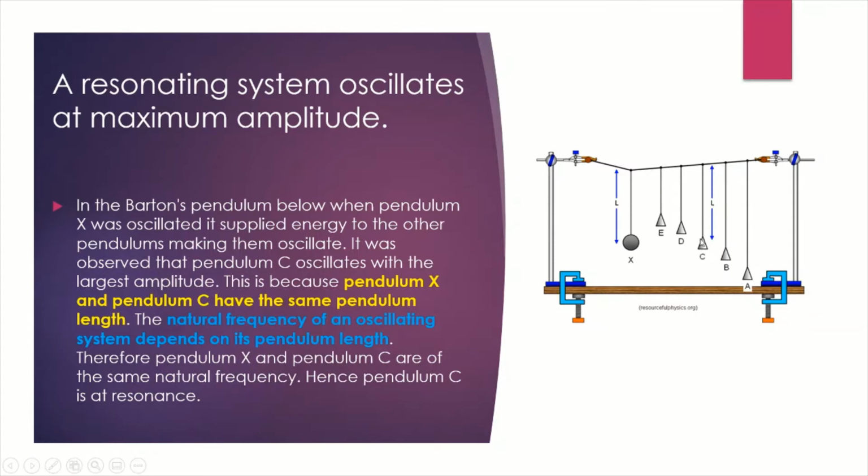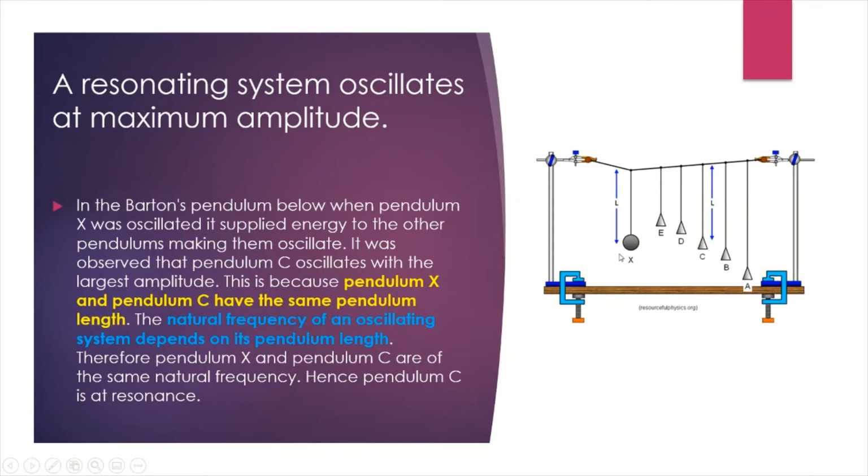Simply because C and X have the same natural frequency.